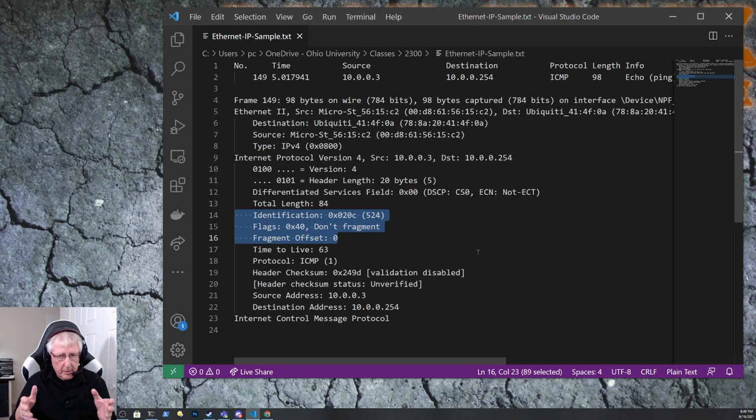So this packet is pretty small. It's 84 bytes total. But what if this packet was bigger, but small enough to be transmitted on the originating network just fine, but then somewhere along the way, some router says, well, I received this packet, but the network I need to send it out on has a different maximum length, and so I can't send it.